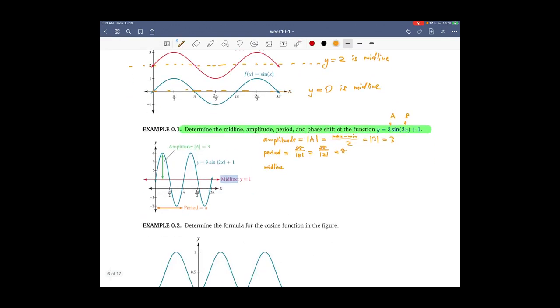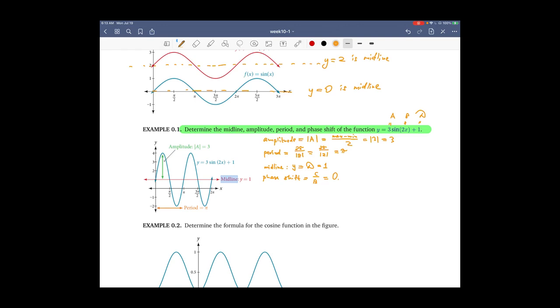Midline is simply the line y equals d, and d in our situation is 1. And phase shift we know is b over c, or excuse me, c over b, and c in our situation is 0, so there is no phase shift.